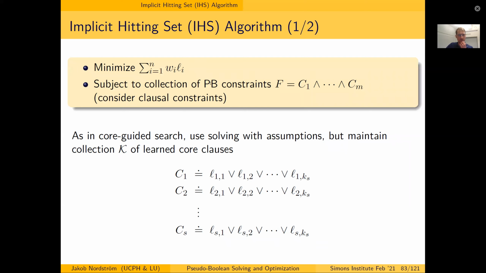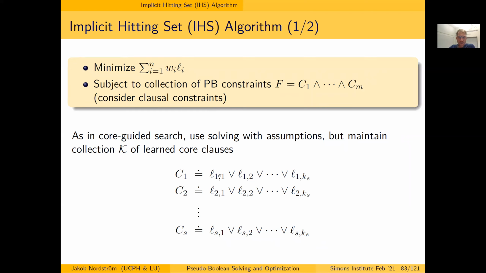So they're names of clauses, as it were. So as in core-guided search, we'll solve with assumptions and we'll collect cores, but we collect a whole set of them and keep this set. So cores will be clauses, and these literals l are like names of clauses.